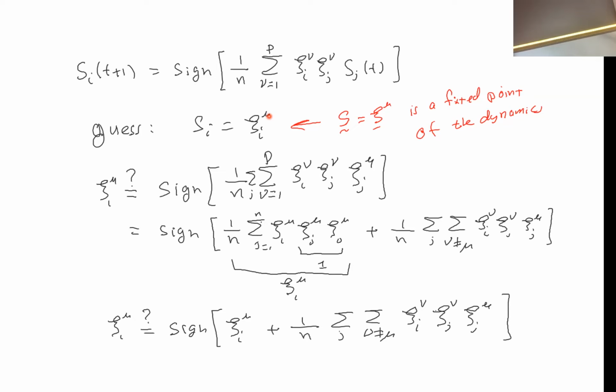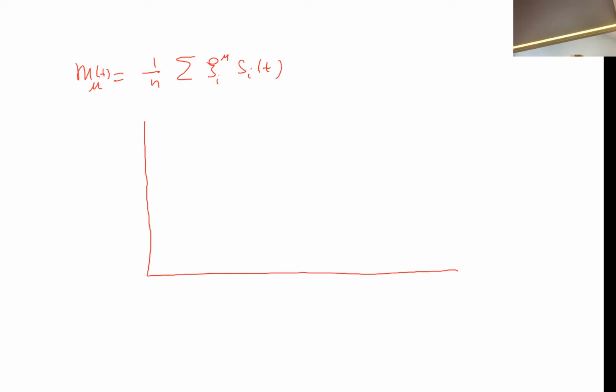So what you can plot, as I talked about the other day, is something called the overlap. m_mu equals 1 over n, the sum on i of squiggle I mu times S_i of t, as a function of t.